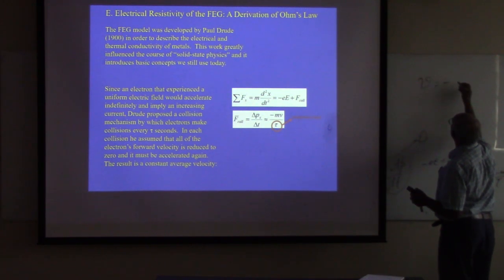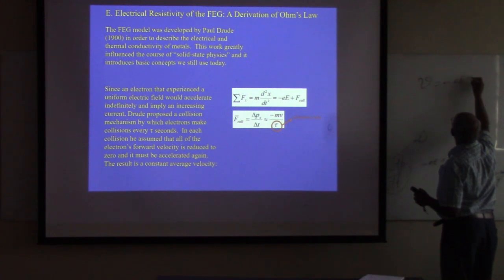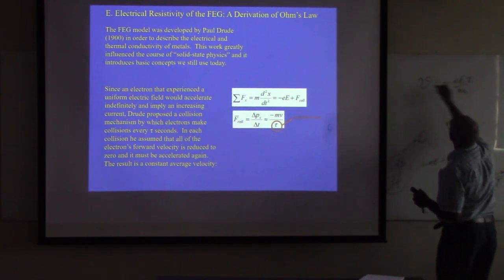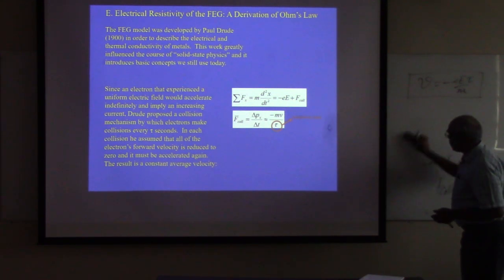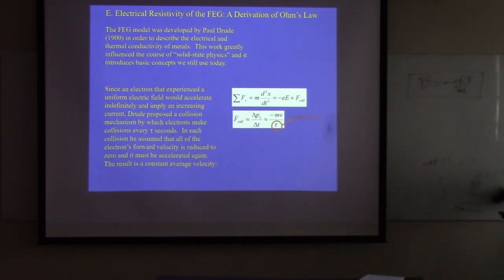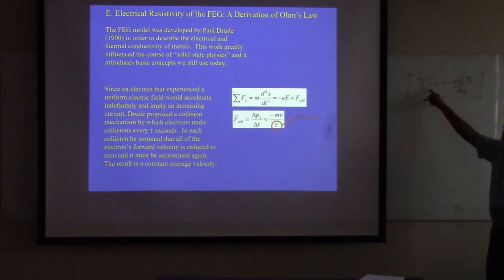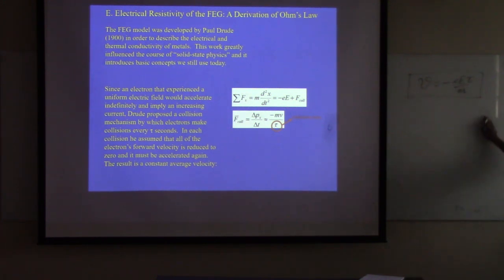v is given by negative eE tau divided by m. This is the average constant velocity. You can assume all the electrons move with that constant velocity. That's a big approximation, right? Each electron will have a different velocity, but you can use the average velocity for each electron with this v.